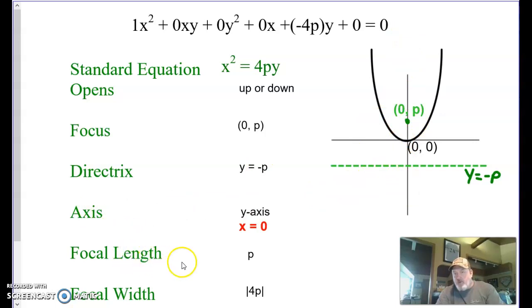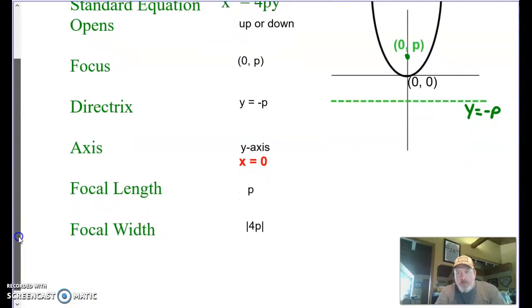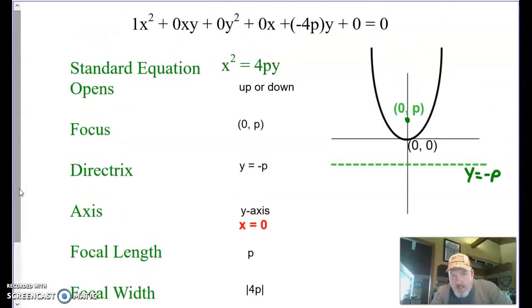Again, our focal length, the distance from the focus to the vertex, is p units. And the focal width is the absolute value of 4p. So if this number is negative, you just take the absolute value of that, but that's going to be the width straight across here through our focus point. So that is for x squared.